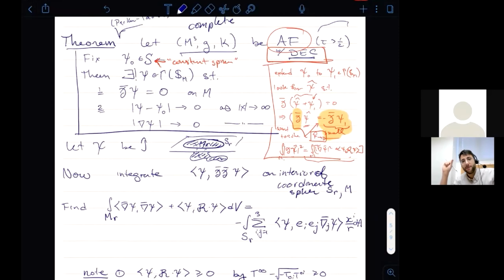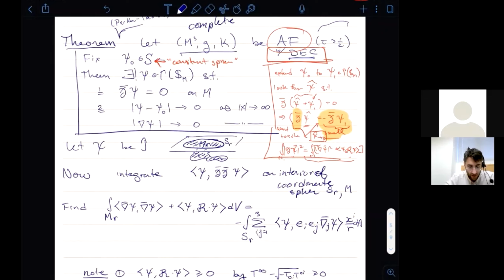So I'll gloss over a lot of those things and give you a moral calculation of the integration by parts formula, which will give the same formula, maybe slightly less precise.